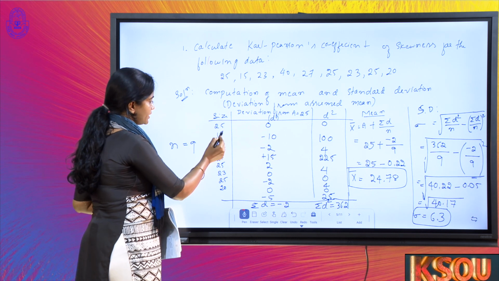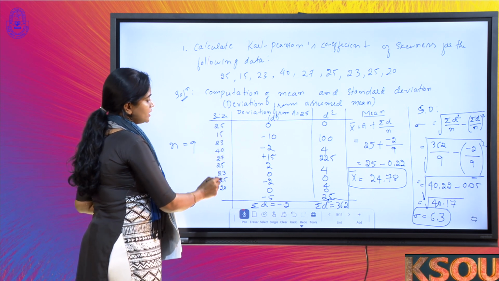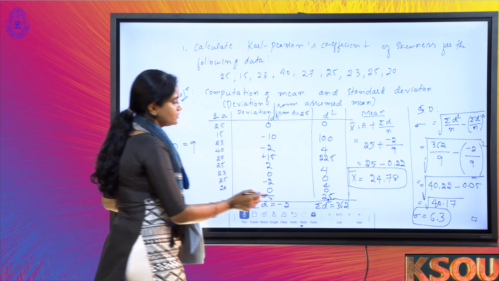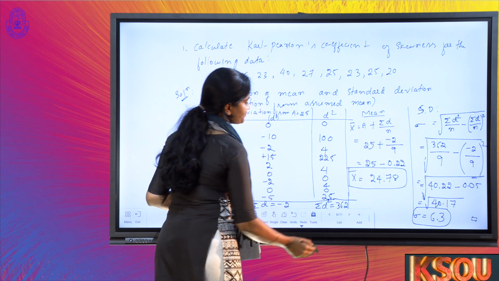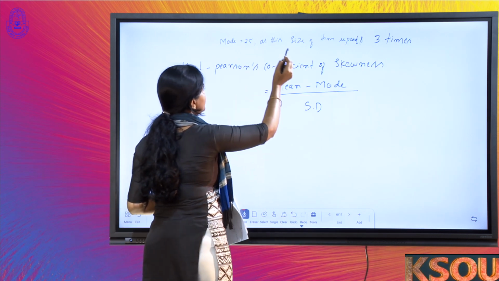So here you have 125 is there, 225, then 3. So we have repeated frequency, that is 25. Hence we will have to take them as mode. Okay, so mode is equal to 25.